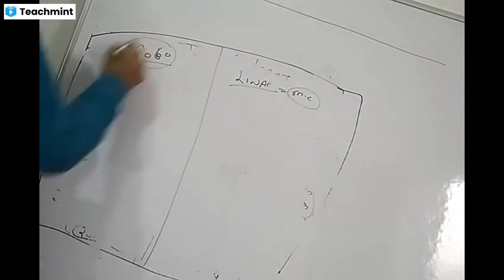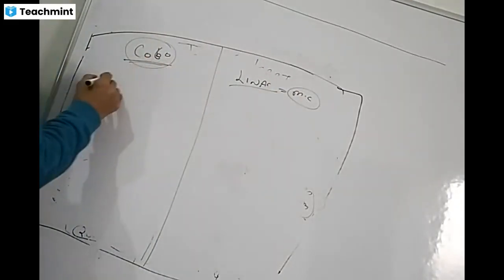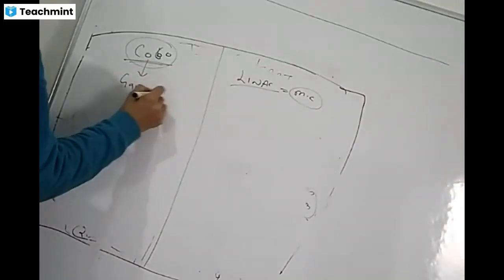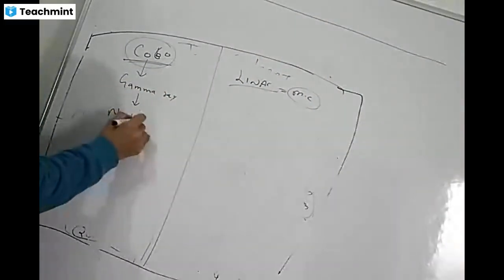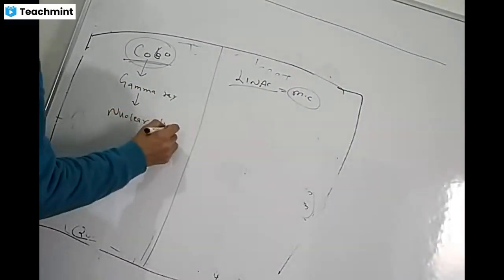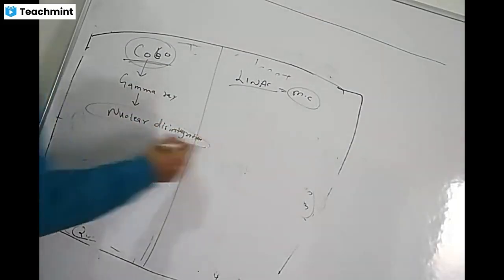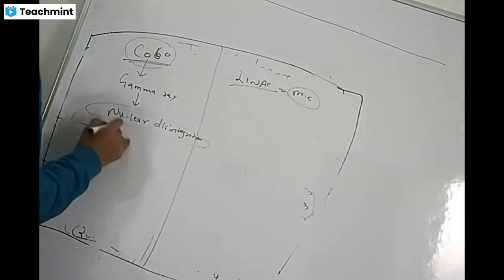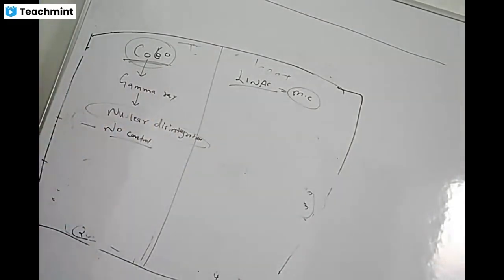In case of cobalt-60, this is emitting gamma rays, and these are nothing but nuclear disintegration. In this case, we have no control over the disintegration.